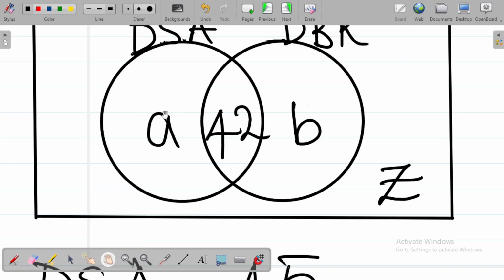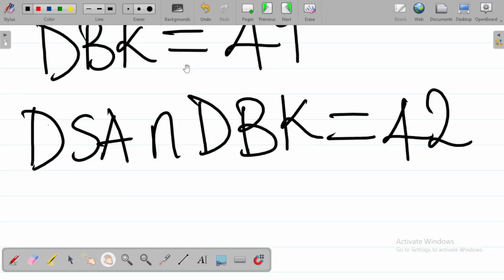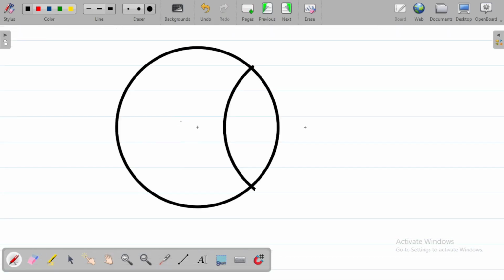Now, how do we get the value of A and B? Let's pick the first circle. All right, this is the first circle. We have A here and we have 42. Remember, 42 is the intersect between DSA and DBK.